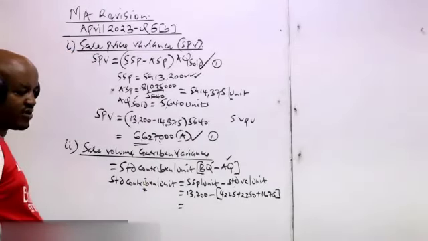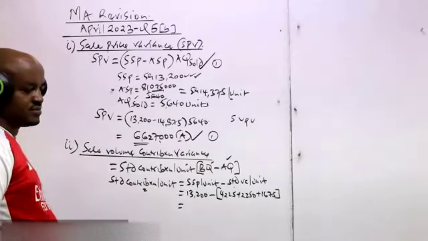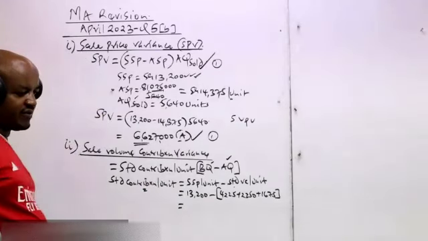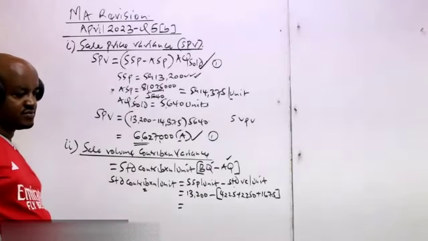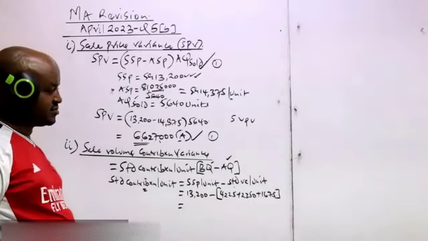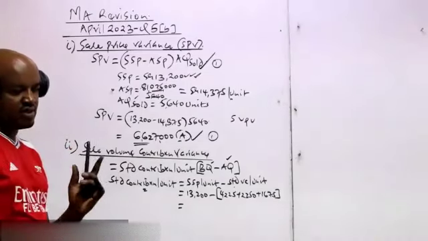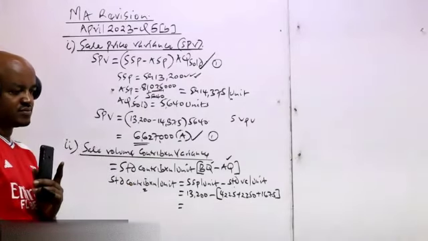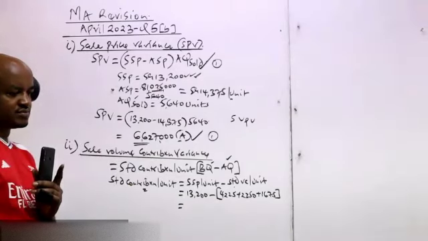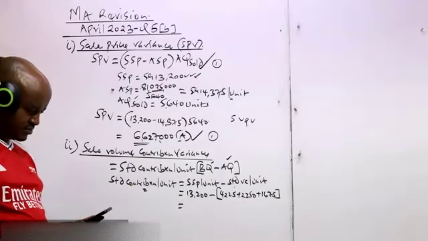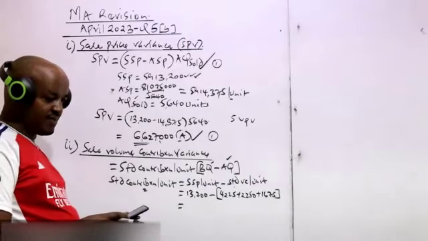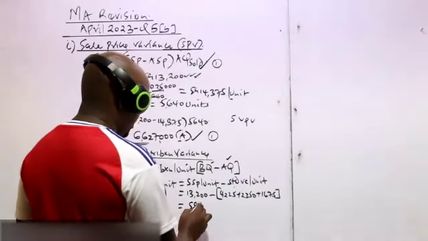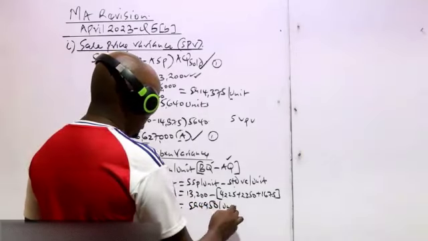The standard contribution per unit. I'm given a figure of shillings 49.50, which is basically per unit.